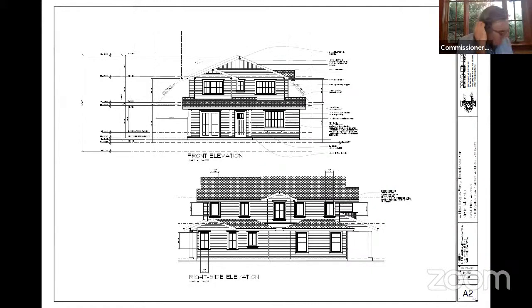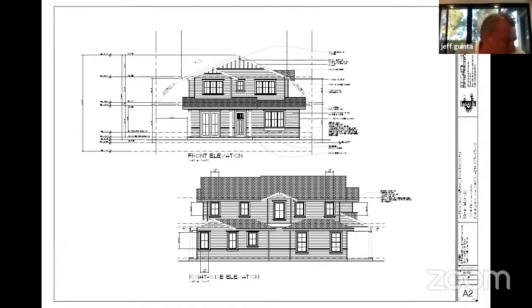Okay. And then I noted you have wood siding, which I think is great. But then you have a 1x2 corner board. Have you considered just mitering the corners of that siding, or are you looking for something specific with the corner board? Well, we would probably propose to miter that so it's even on both sides.